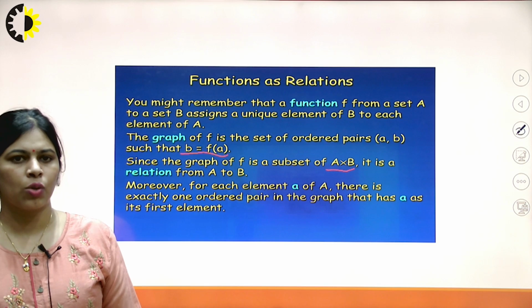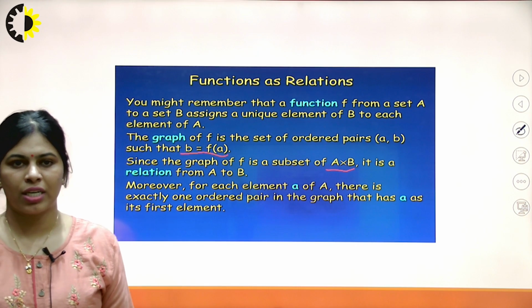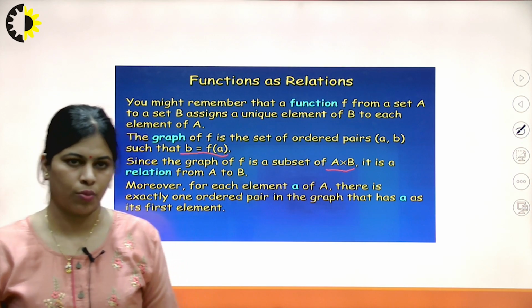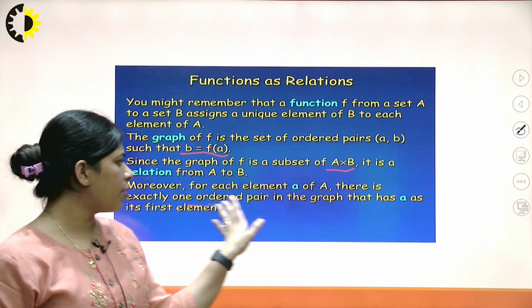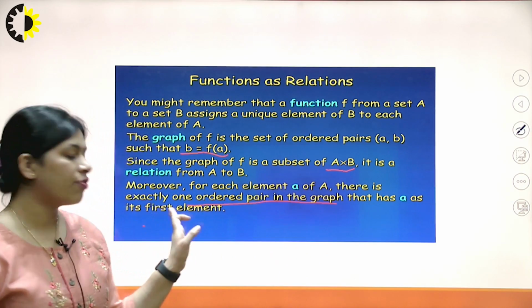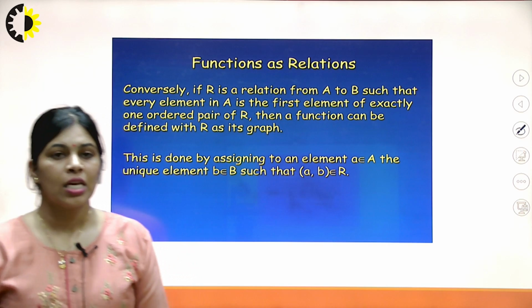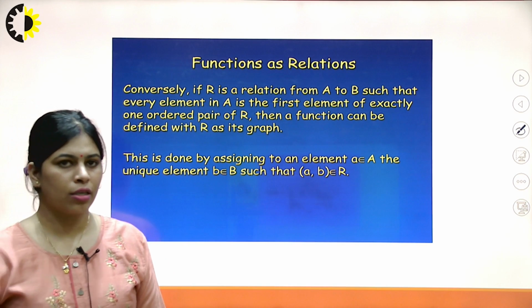Moreover, for each element a of A, there is exactly one ordered pair in the graph that has a as its first element.